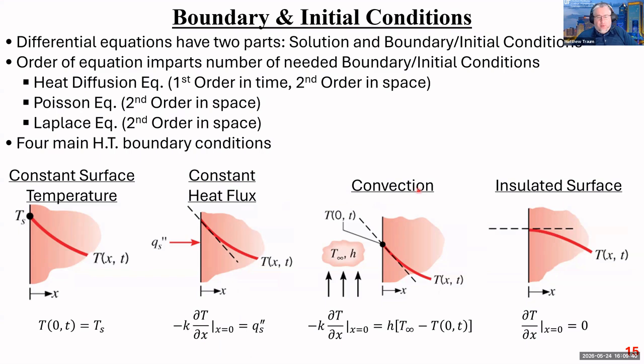The third possibility is a convective boundary condition. In convection, you've got conduction that's moving heat out of your solid material and then into your fluid, which is blowing past at some ambient temperature and some given, usually forced, convection heat transfer coefficient.